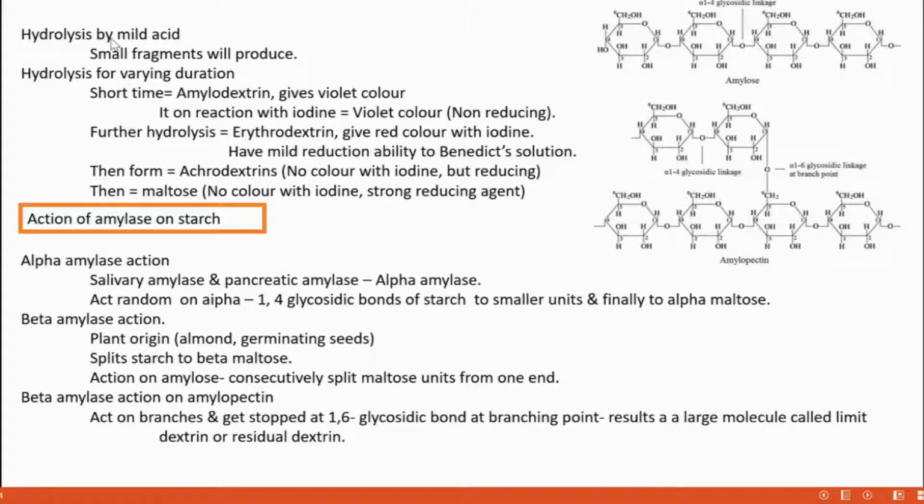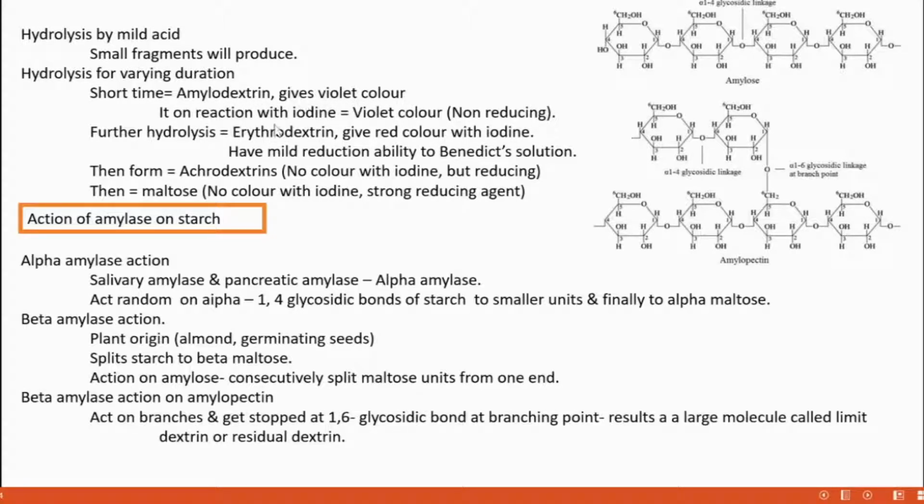Then hydrolysis by mild acids. On treating with mild acids, small fragments are produced out of the starch. If we continue the hydrolysis for a short time, first it will give amylodextrin, and that solution appears violet in color.